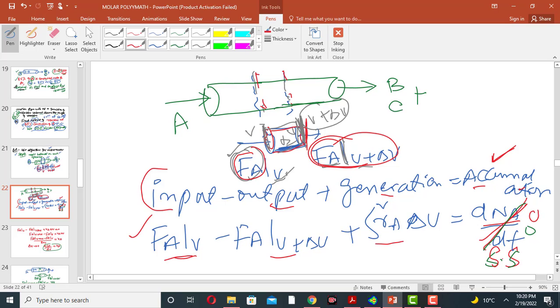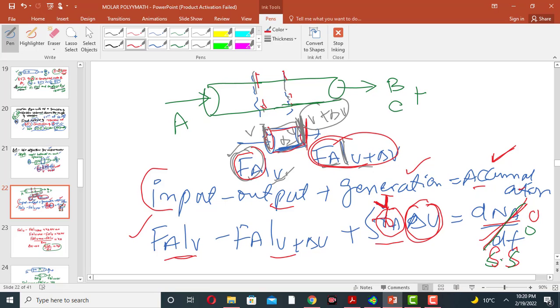Now this is the generation term. RA is the rate of component A, and this is the integration over the volume V. Now if the rate is constant over the small volume, then this term will come out of the integration, and the integral sign will apply to the volume.